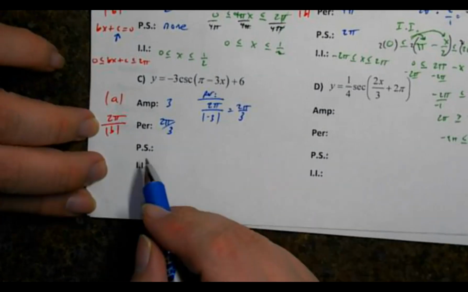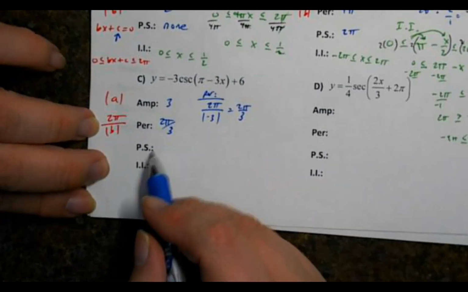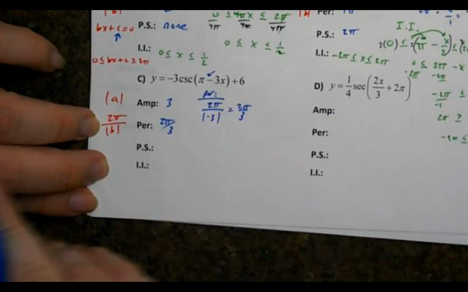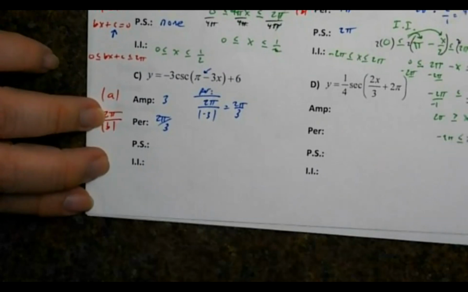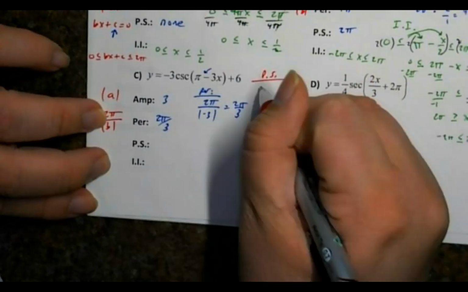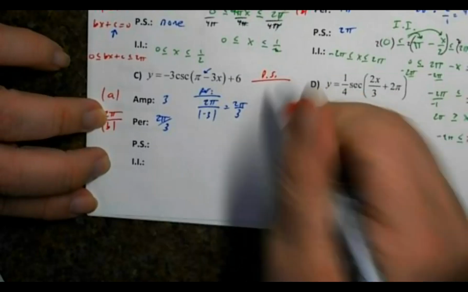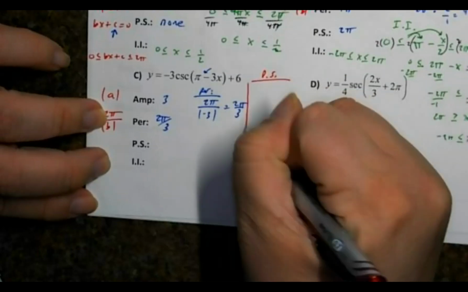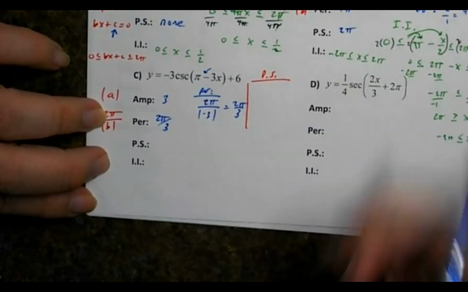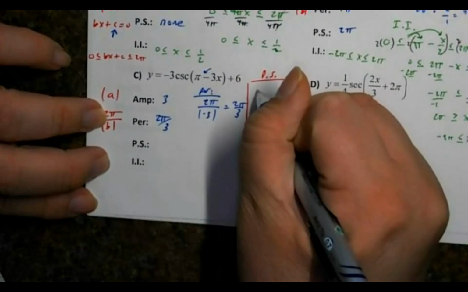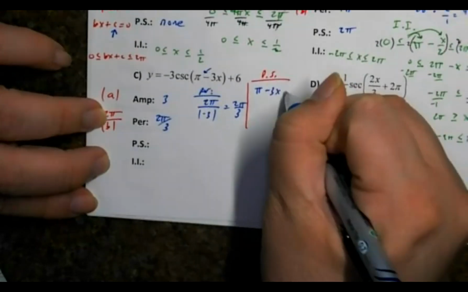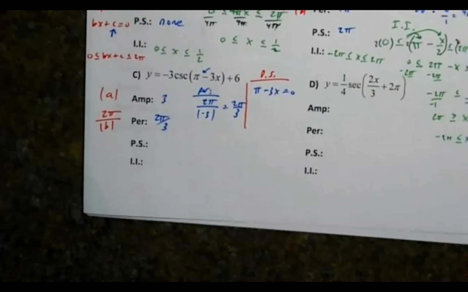Phase shift. Is there a phase shift? Is there a C term? Yes, there is a C term. So there must be a phase shift. Okay, phase shift. So we're going to take Bx plus C. We're going to take what it says right here inside the cosecant function, pi minus 3x, set that equal to 0, and we're going to solve it.